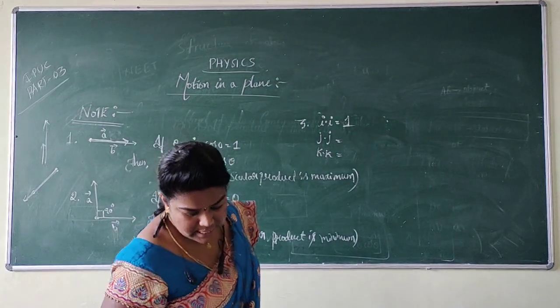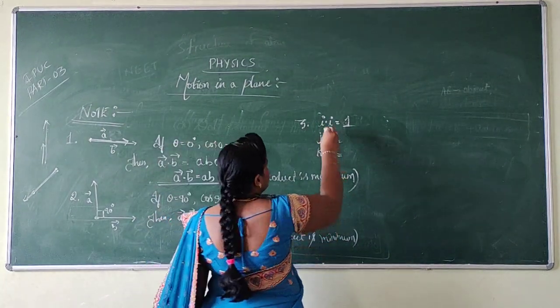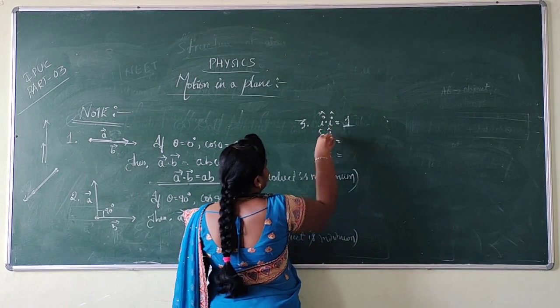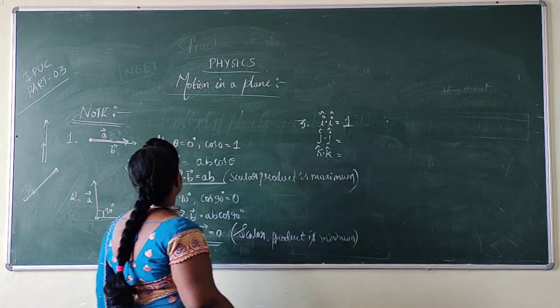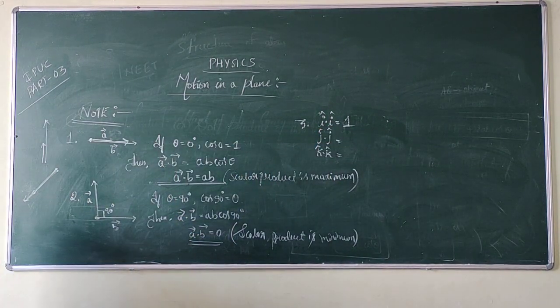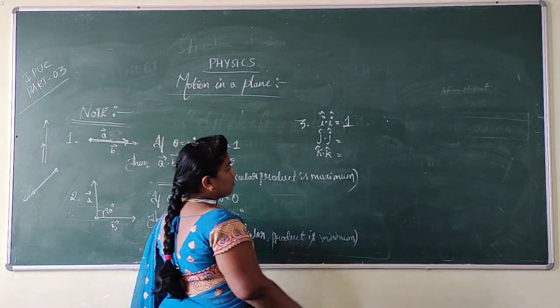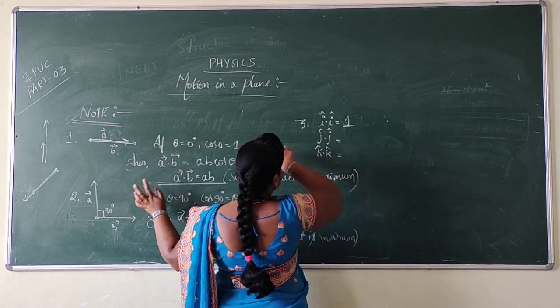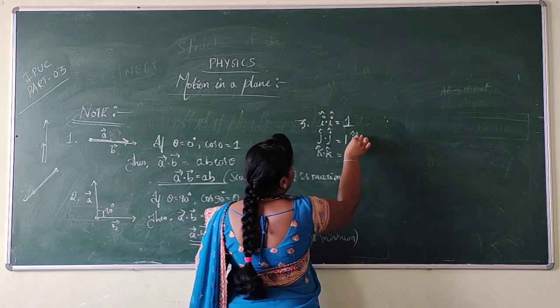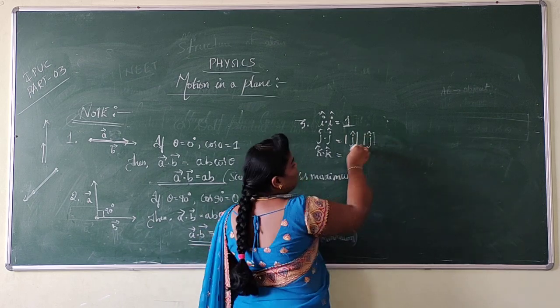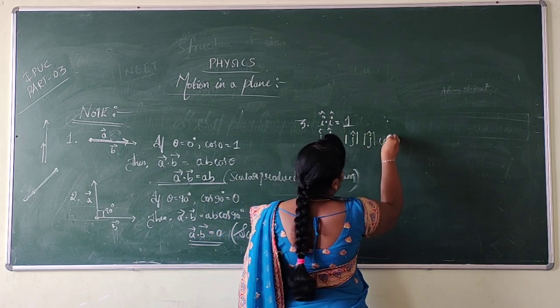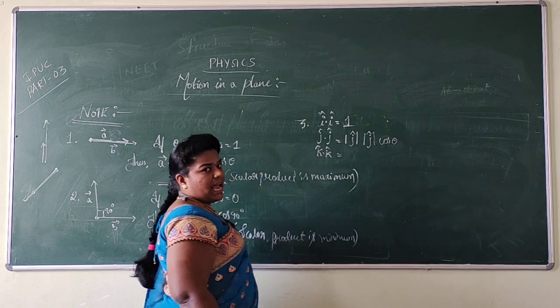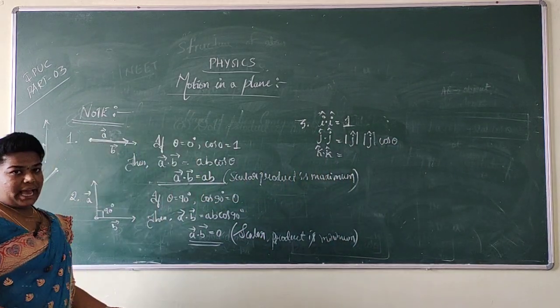So how to multiply this j dot j, my dear students? These are all unit vectors. Unit vectors are always written with a cap, right? So j dot j. According to this definition, magnitude of unit vector into magnitude of unit vector into cos theta. But j and j both are along y axis.